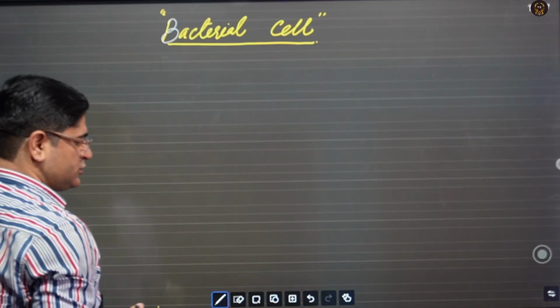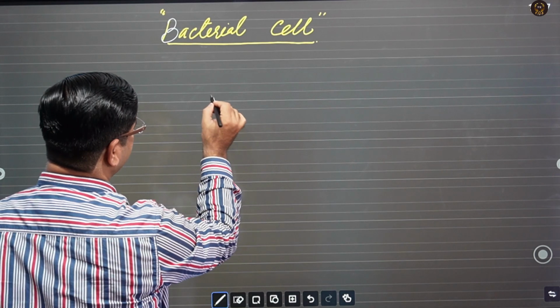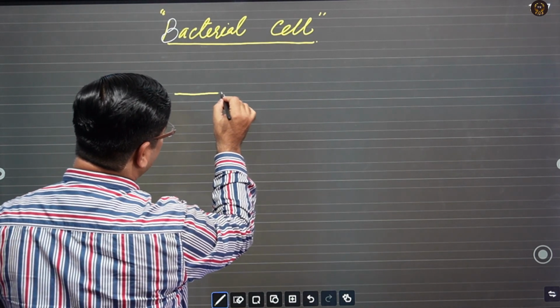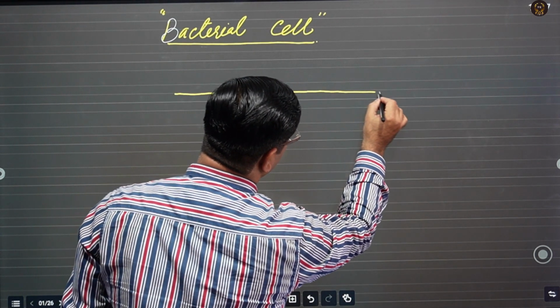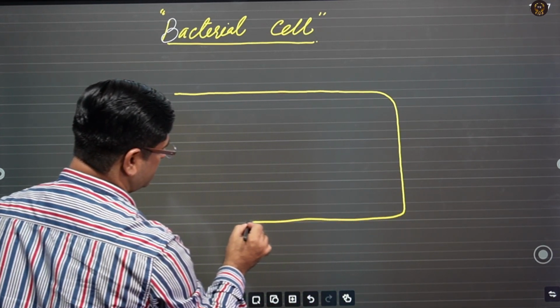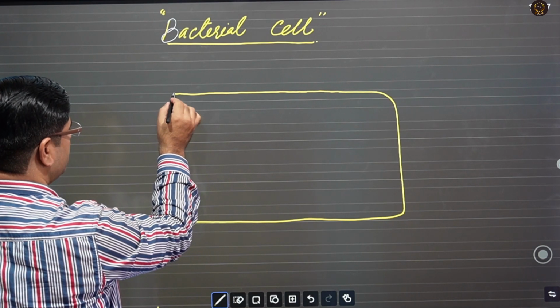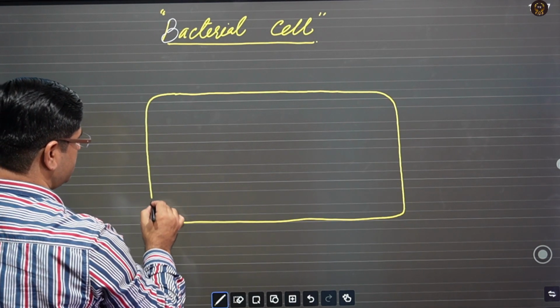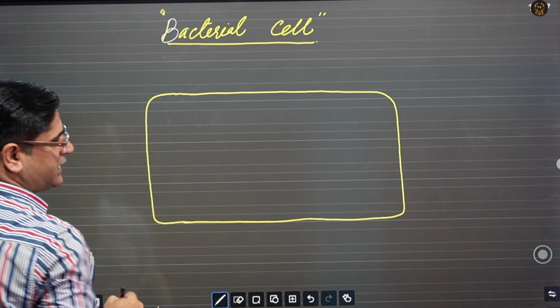If I draw the structure of the bacterial cell, it has an outermost covering, an envelope system by which the bacteria is covered from the outer side.